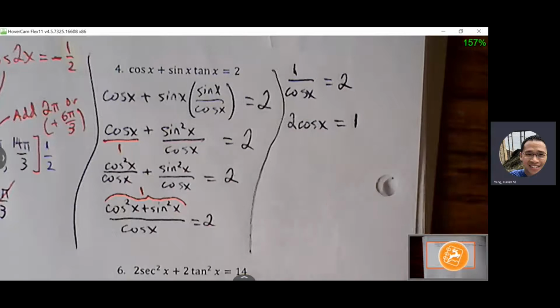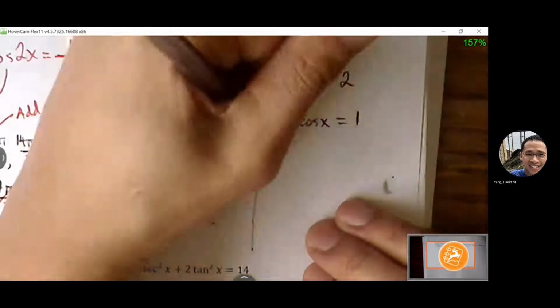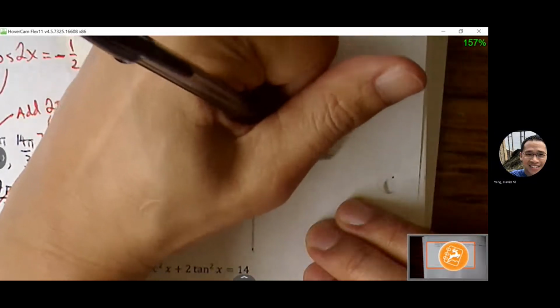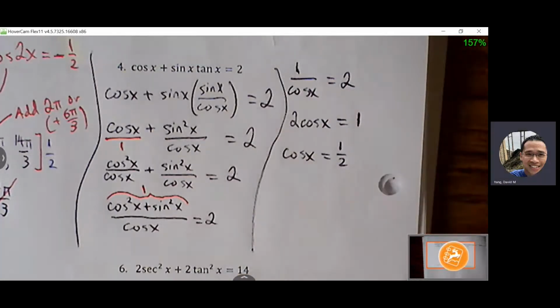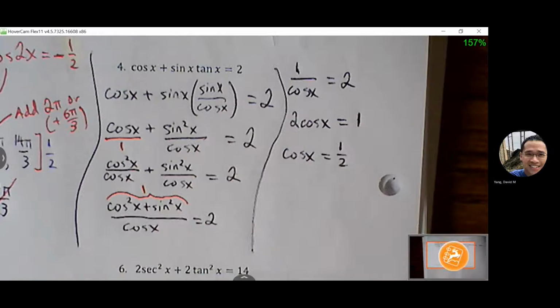Cross multiply. Okay, any questions with the steps and how I got to that cosine x equals 1/2?